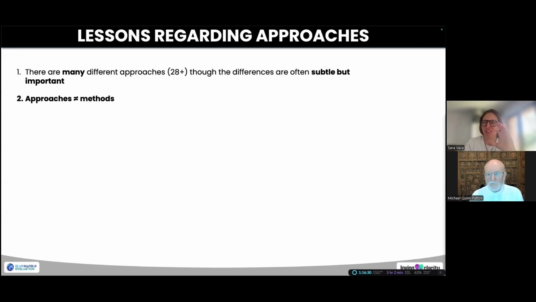Not to mix, not to confuse approaches with methods, right? Because often in the methodology sections in evaluation reports, you don't clearly see the approaches. You see the methods, but they don't discuss the approaches. Yeah. And so methods don't reduce to approaches, but they are included. And as you mentioned, some of the approaches are heavily defined methodologically.